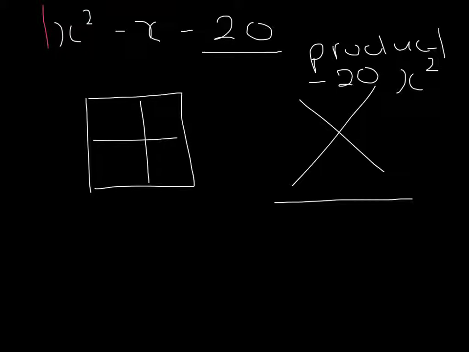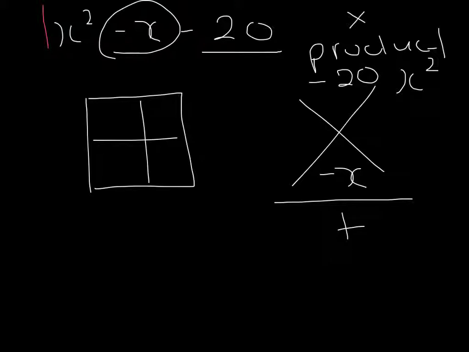So if I multiply 1x squared times minus 20, I get minus 20x squared. And those 2 numbers that multiply together to give me minus 20x squared also have to add together to give me this term here, which is minus x. So they're adding together here and they're multiplying together here.